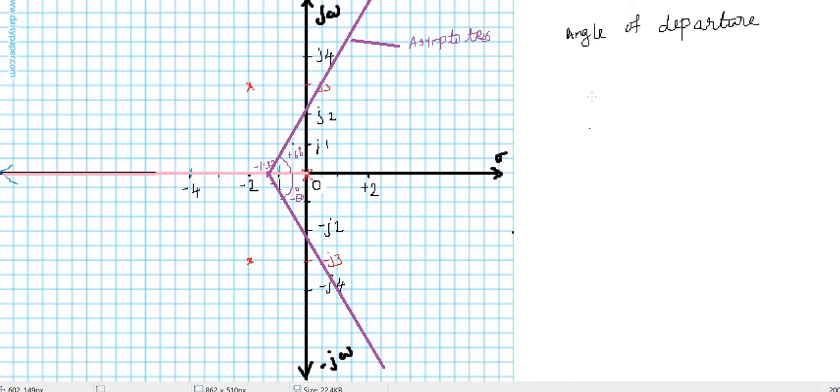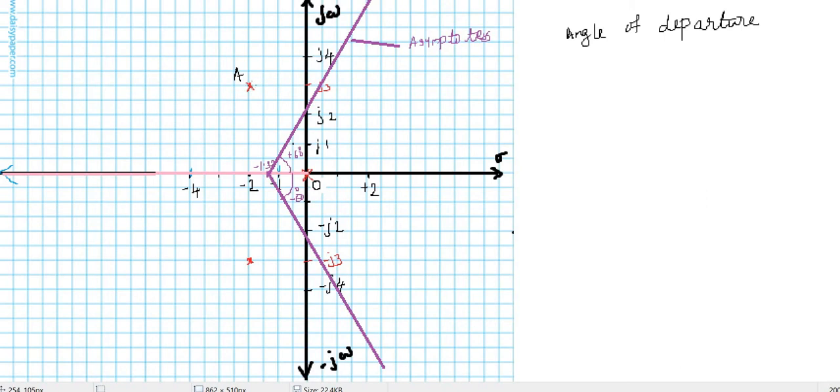In order to find the angle of departure, we have to consider any one of the complex poles. So I am considering this pole as my first complex pole, corresponding to this quadrant, that is -2 plus j3.